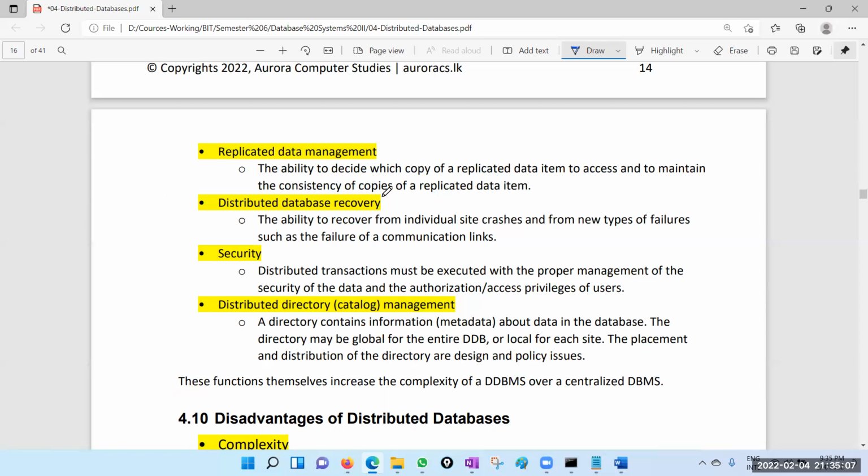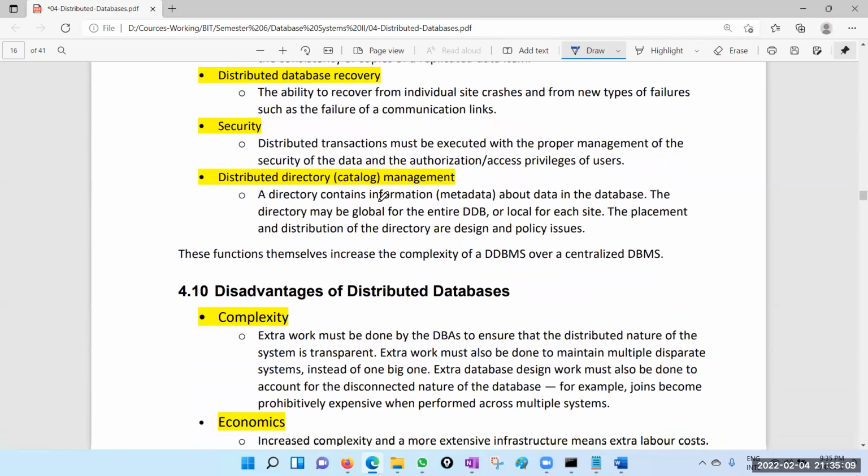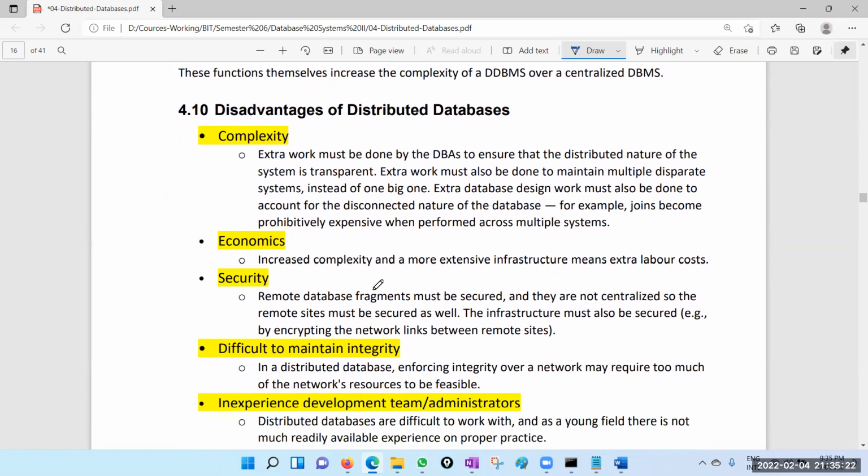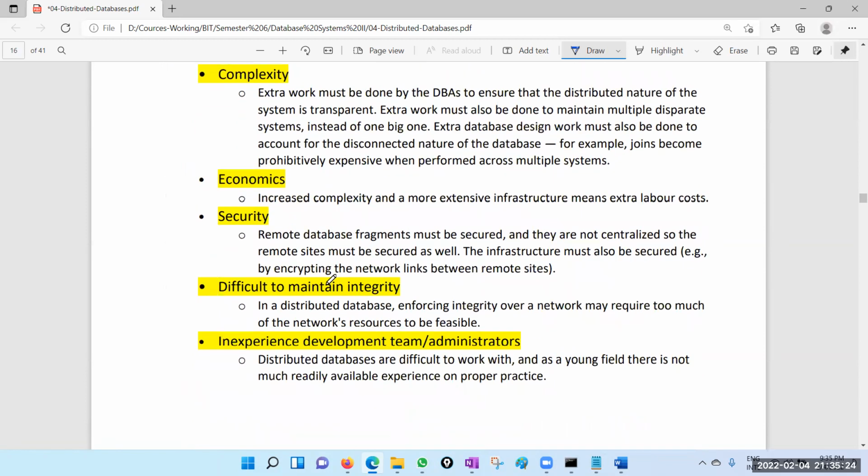Sometimes you have to use the data from other sites also to recover this site. Okay, security and other things. Okay, so additional complexity is there, additional cost is there because distributed databases are costlier than normal databases. Additional security concerns because the data is transmitted over the network. Maintaining integrity can be difficult because tables are in different sites, right?